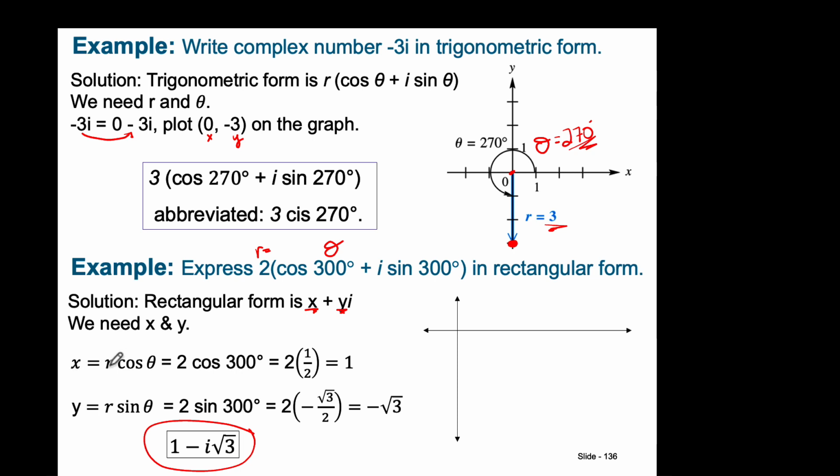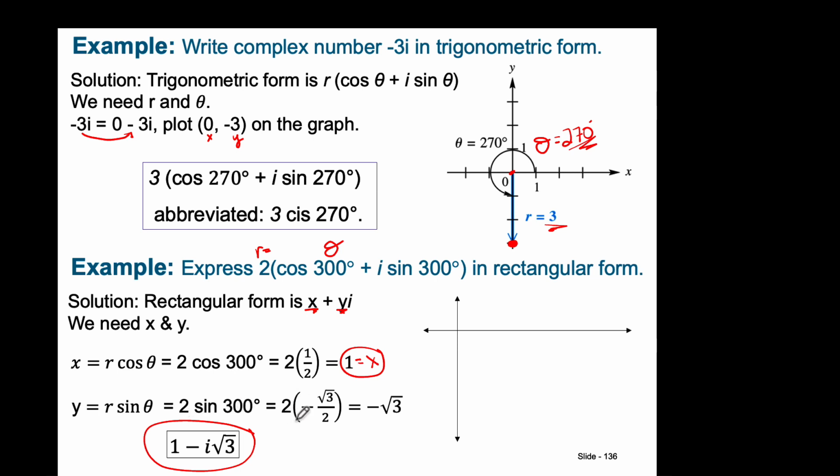It's just 2 cosine 300. 2 cosine of 300 degrees is 2 times 1/2, which is 1. So we found x. This is x. Done. The other thing we need for rectangular form is y. We know that y is equivalent to r sine theta. So again, we've got 2 for r, and theta equals 300.